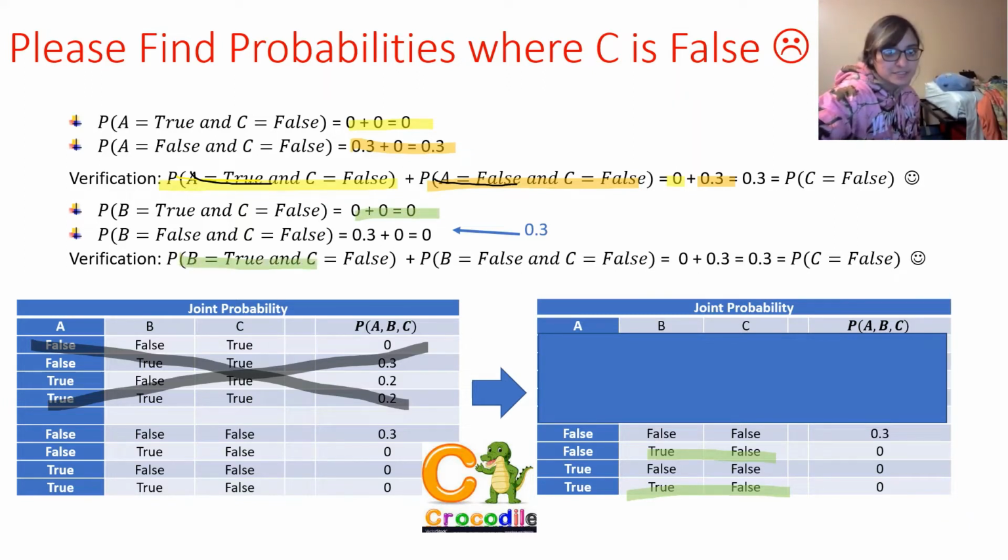So that's what this probability becomes, 0. And then the probability that B is false and C is false is given here, and that is 0.3 plus 0, which is 0.3. So this should be a 0.3.